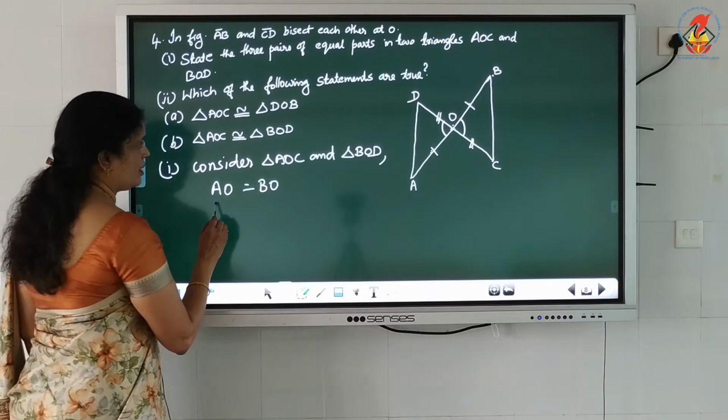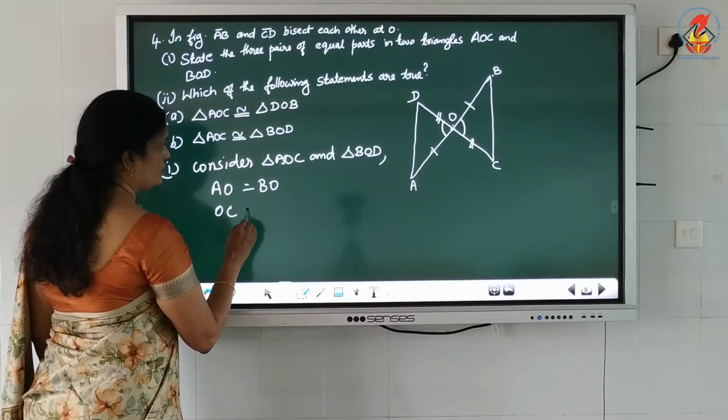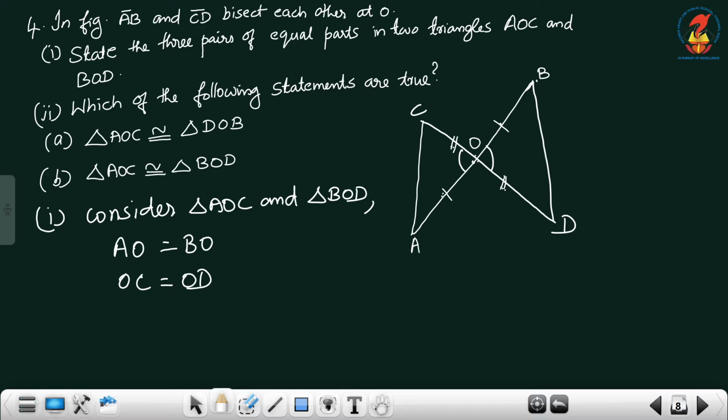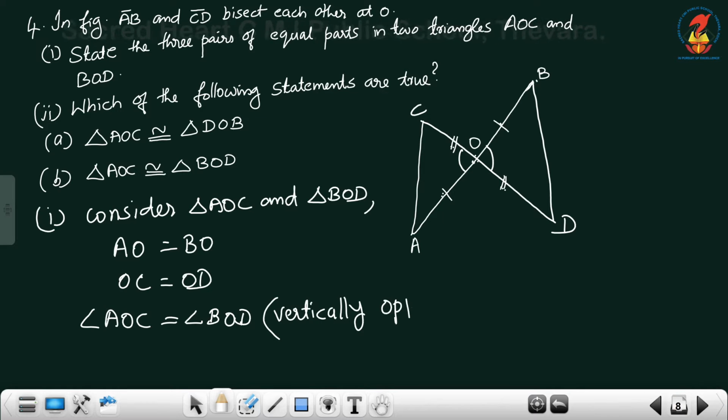Then you can write OC equal to OD. Next, angle AOC equal to angle BOD. What is the reason? Vertically opposite angles are equal.